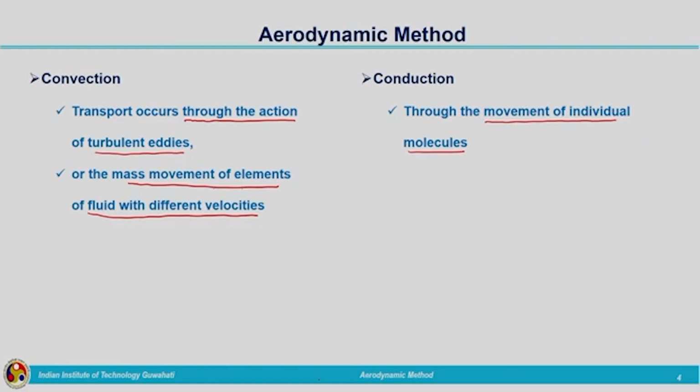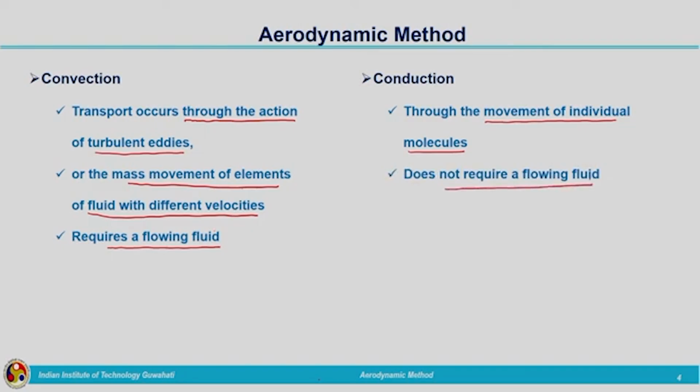So, convection is possible if we are having a flowing fluid, it requires a flowing fluid, but in the case of conduction it does not require a flowing fluid. So, the difference between convection and conduction you are supposed to know, and the transport process which we are going to make use of in this particular derivation is the convection process.